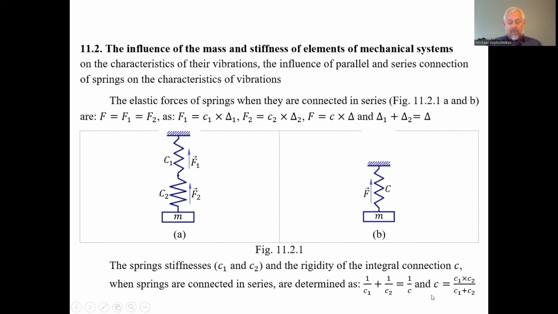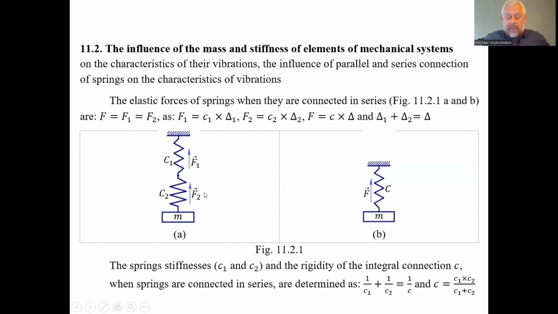And after mathematical transformation, we can find that when we have the connection of springs in series, the equivalent stiffness will be a fraction. In the numerator we have the product of the stiffnesses of the two originally connected springs, and in the denominator we have the total of the stiffnesses of these springs.